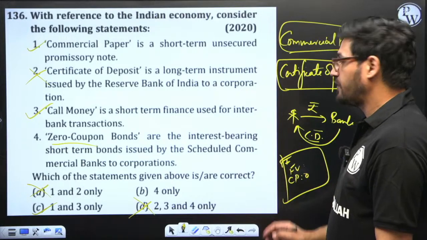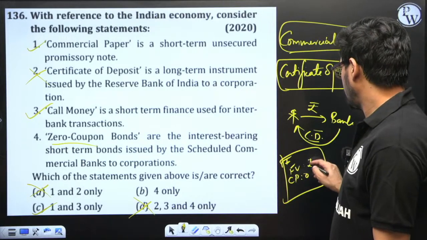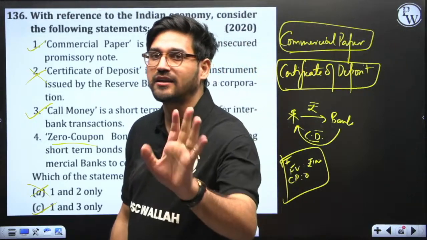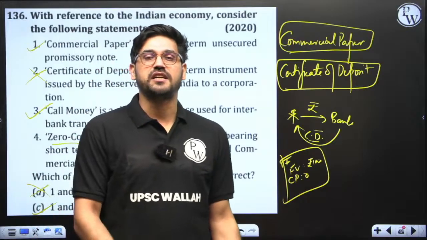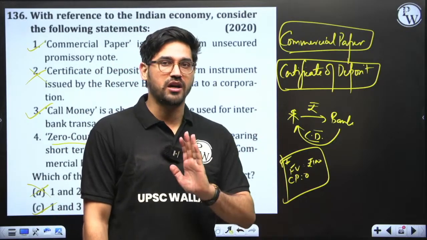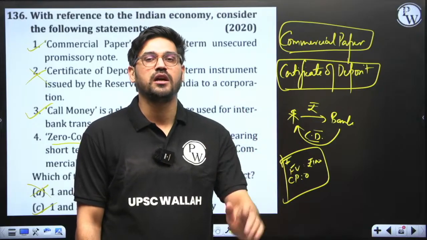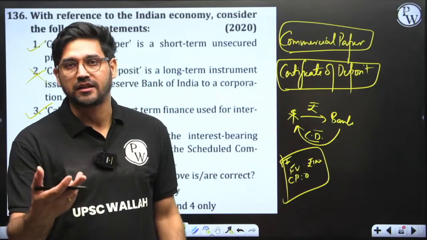In case of a zero coupon bond, if the face value is 1000, this bond is going to be issued to you at a discount. What is going to be said is: this bond is not carrying any coupon, the bond carries a face value of 1000, you can buy it from me at 800 rupees.